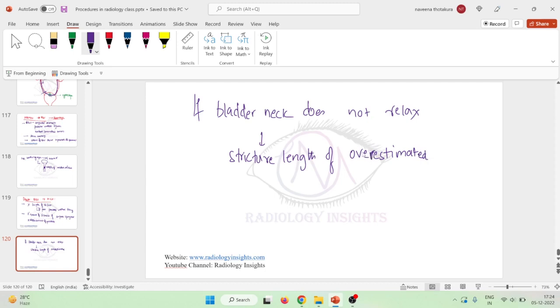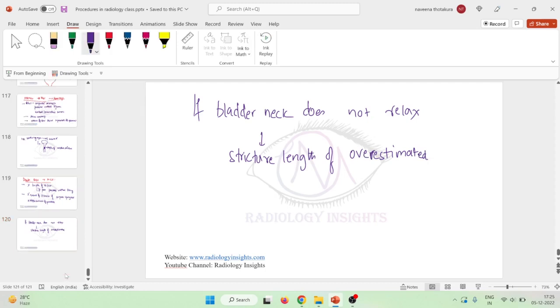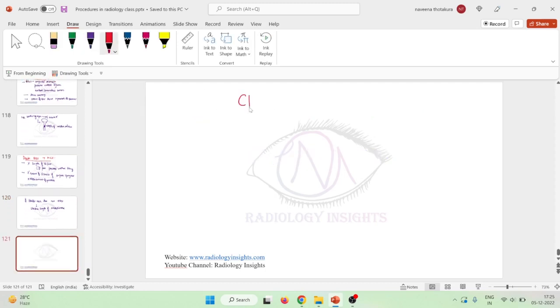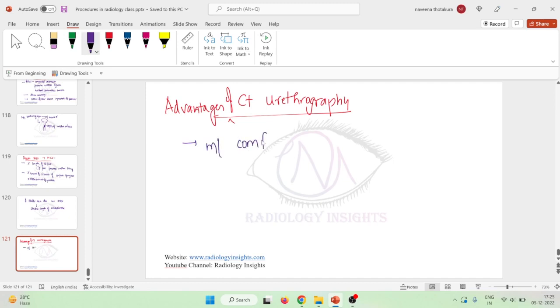Then next, what about the advantages of CT urethrography? There is also one more modality, which is CT urethrography. If you see the advantages, this CT urethrography is more comfortable to the patient when compared to any of the above techniques.